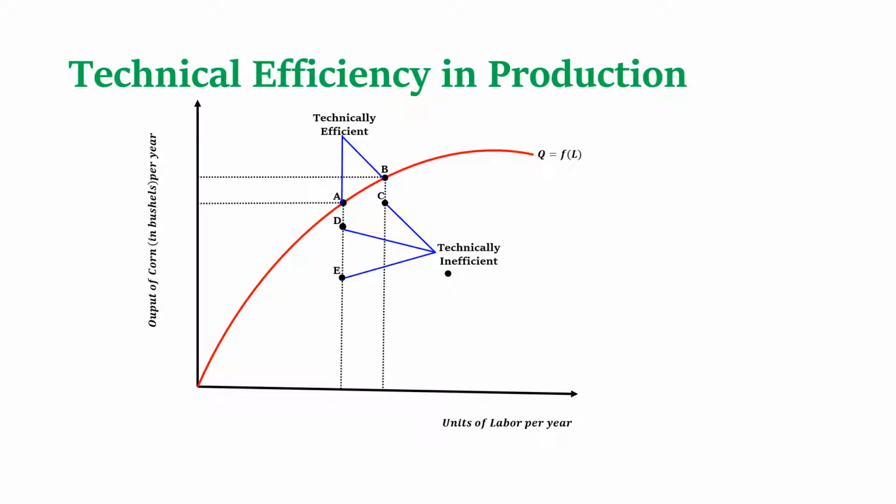In other words, maybe you have a lot of resources lying idle, so the farm is not able to use these resources efficiently to produce the given level of output, that is, the output that it is capable of producing.